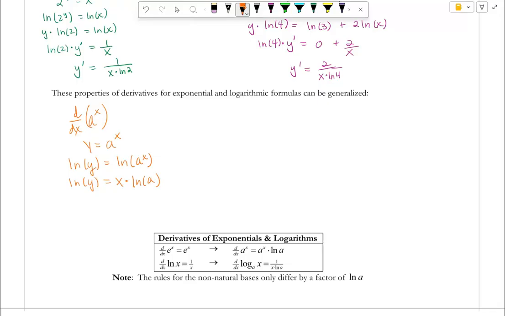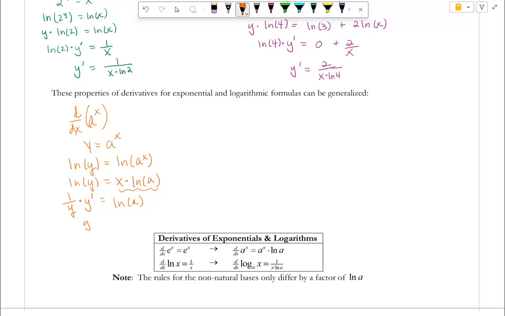When we take the derivative in this step of both sides of our equation, on the left-hand side, we get 1 over y times y prime. So again, that's just implicit differentiation there. On the right-hand side, we just get the natural log of a, because again, that's like our multiplier or our coefficient of x.